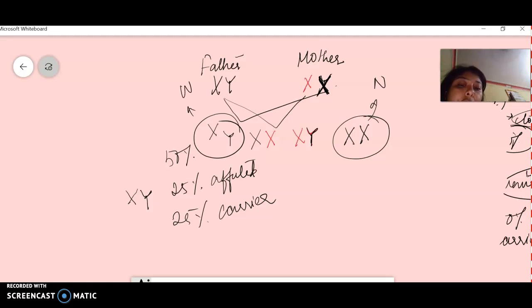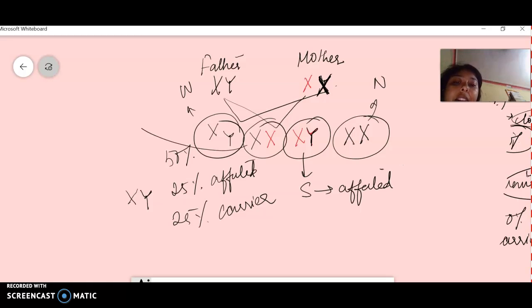Out of the 4, one, the son, is affected. And out of the 4, 25%, the girl child, is a carrier. So this is one sort of inheritance. Next, again we will do another inheritance.